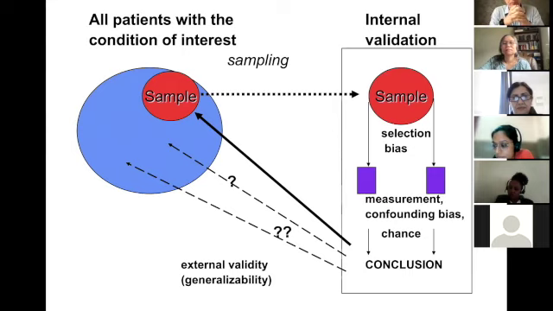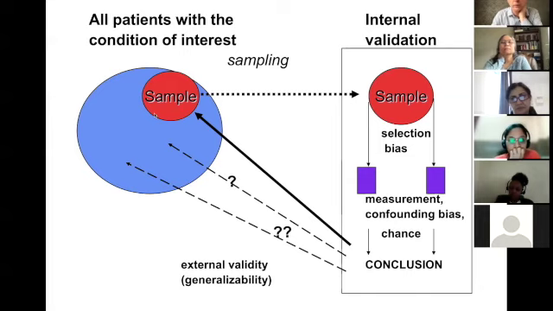This strange slide, maybe a picture for you, summarizes in my mind how research normally is done. All patients with the condition of interest, for example, are given here in this population. We normally choose a sample of this population. We never test everybody. It's far too big and totally inefficient, and impossible.